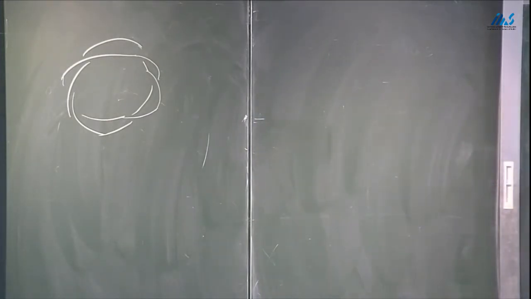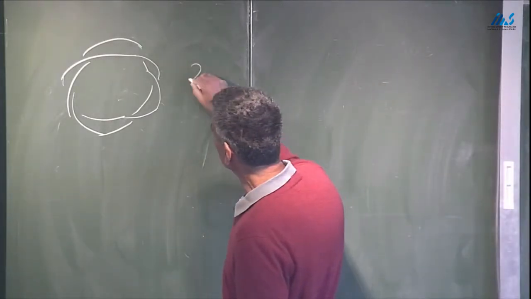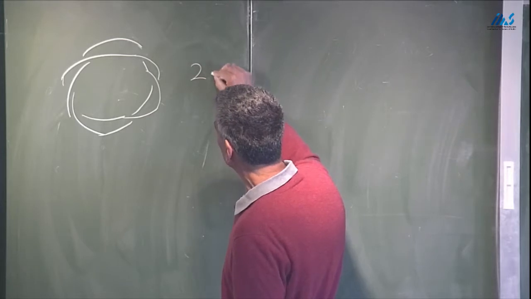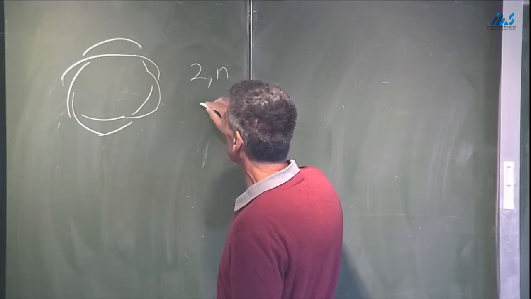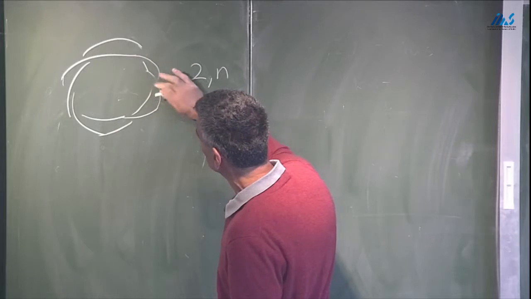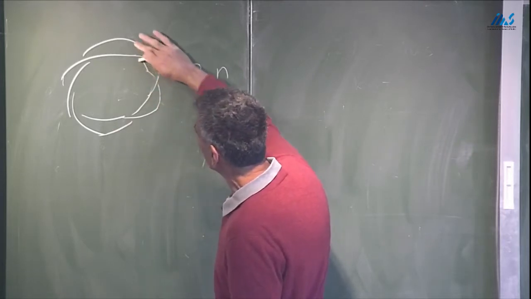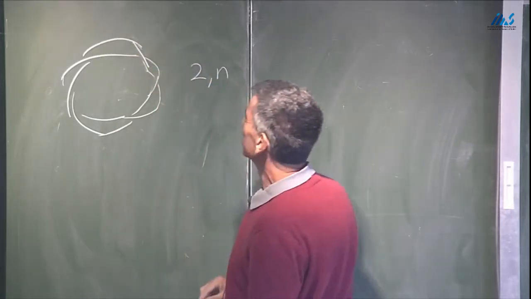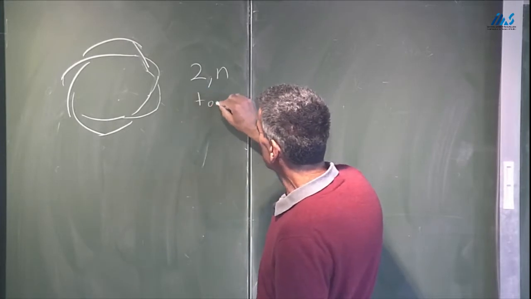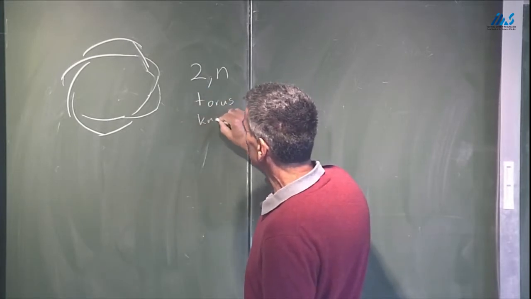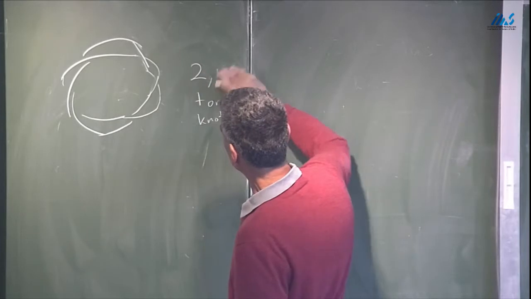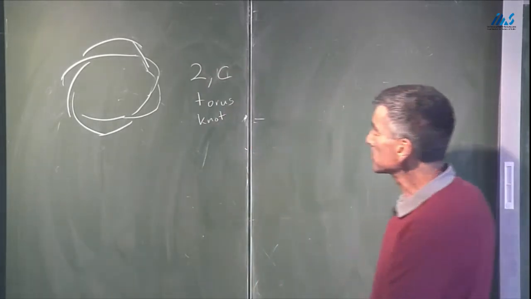Okay, so we have C crossings. This is a 2n torus knot, or you can call it a 2c torus knot. It has C crossings.